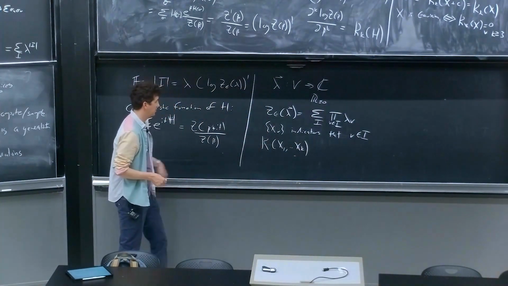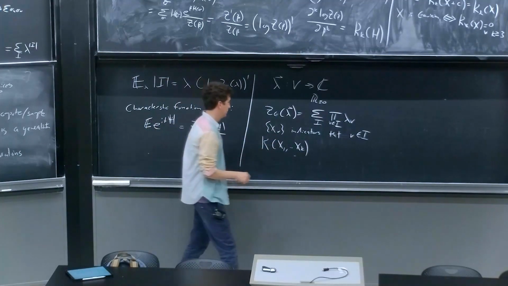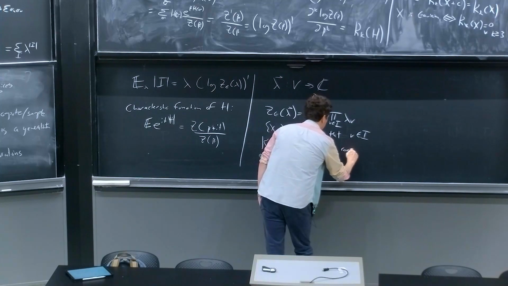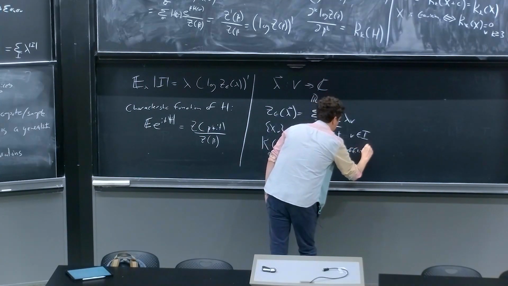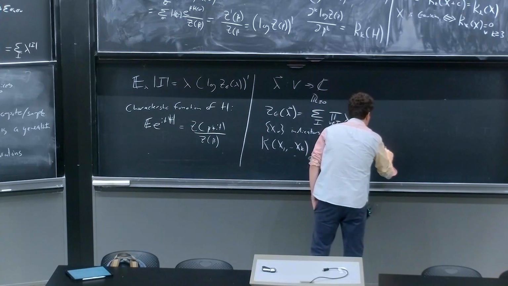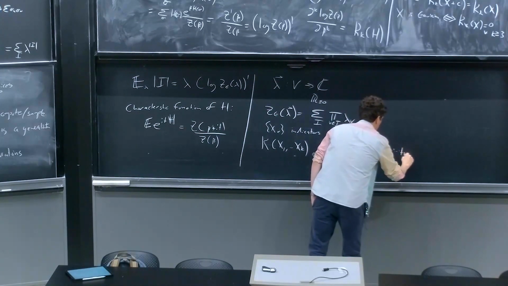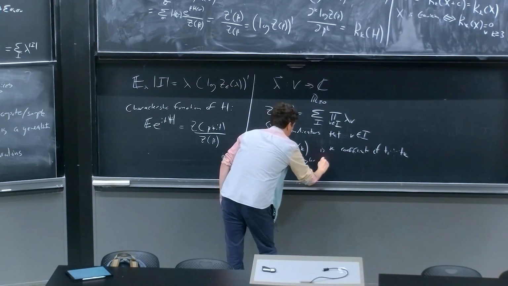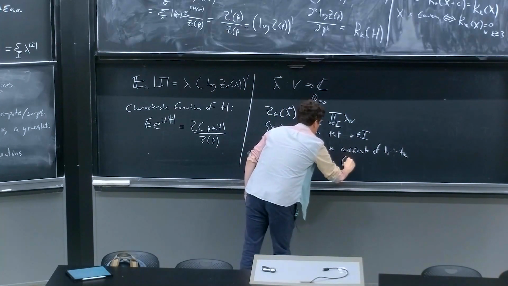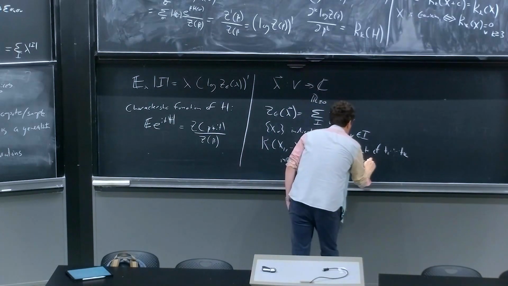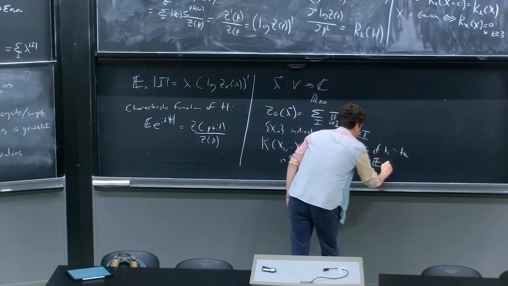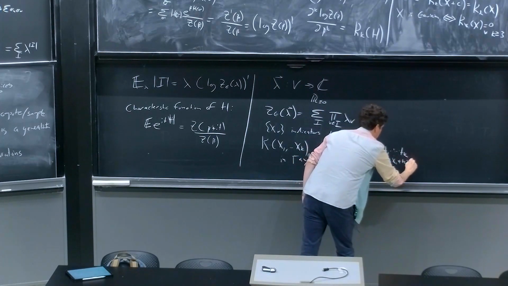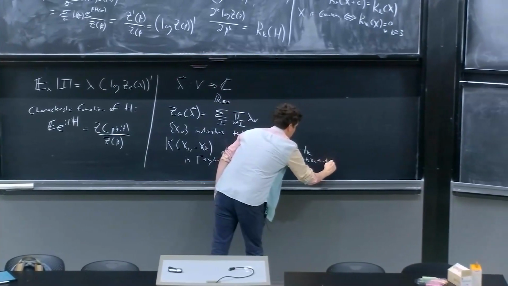This is the joint cumulant of x_1 up to x_k. This is the coefficient of t_1 times t_k in the Taylor series for log of expectation e to the t_1 x_1 plus t_2 x_2 plus t_k x_k.